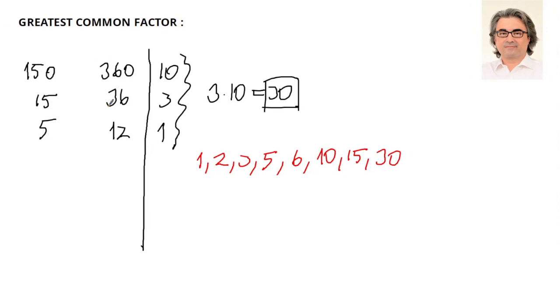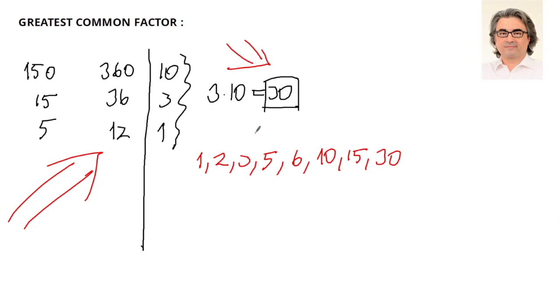You understood everything. How can you find all common factors of two numbers? Firstly, you should find their greatest common factor with this method. After that, you should find all factors of this greatest common factor.